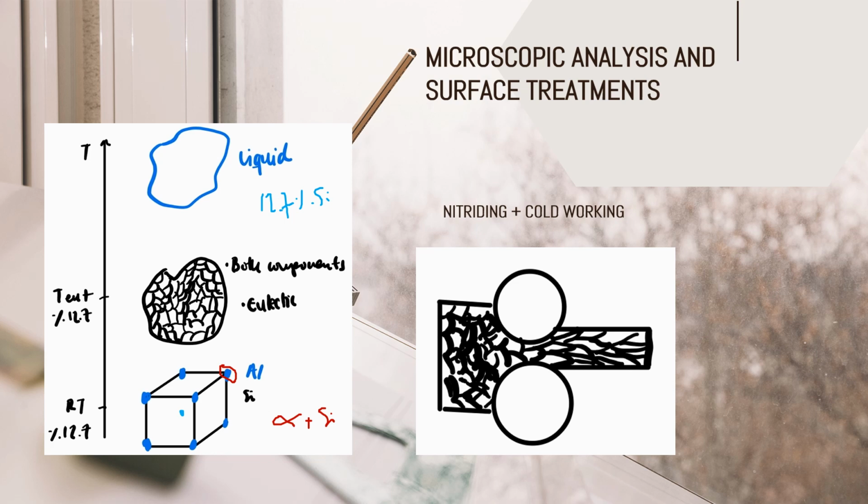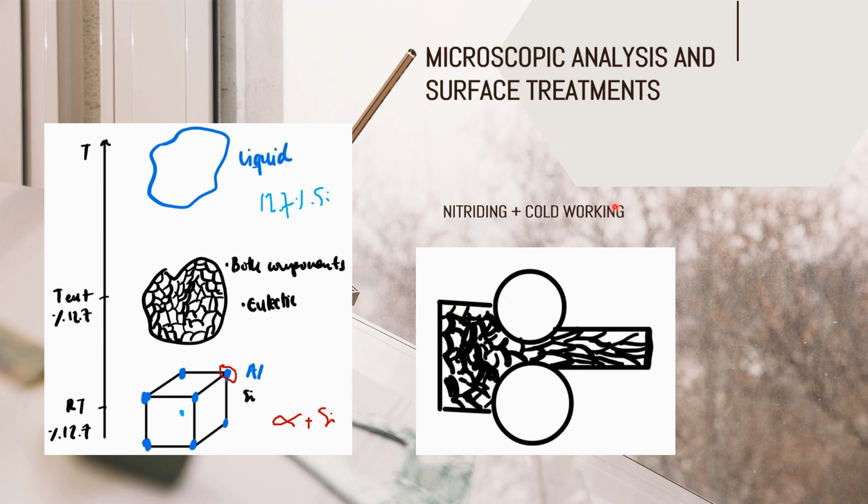But the important thing right here is to understand how the eutectic microstructure behaves differently to the other two, in which the best mechanical properties will be achieved as discussed previously.